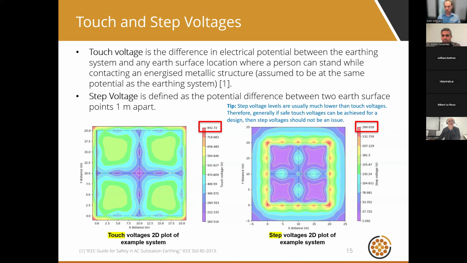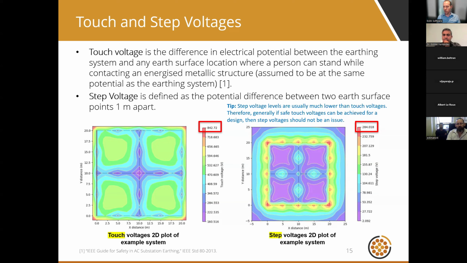These are the profiles of touch voltage and step voltage. And you can see the magnitudes are quite different. Step voltages are actually quite a bit lower than touch voltages, and that's normal. And also our tolerance for step voltage is much higher.